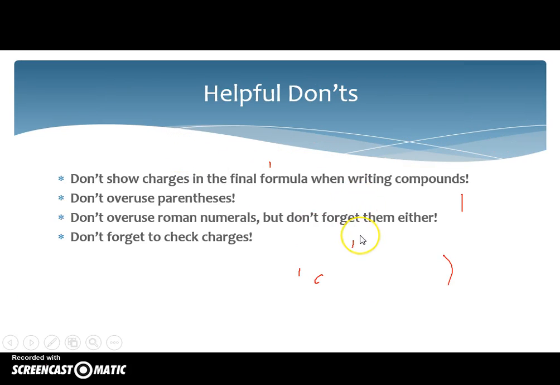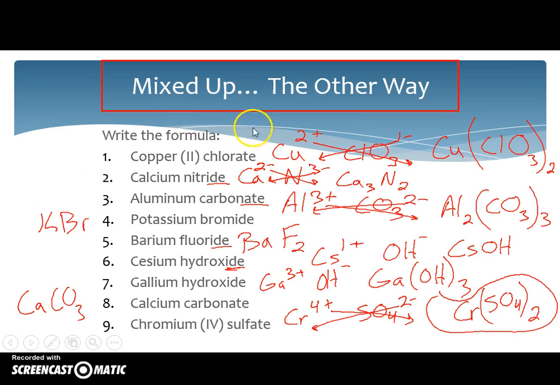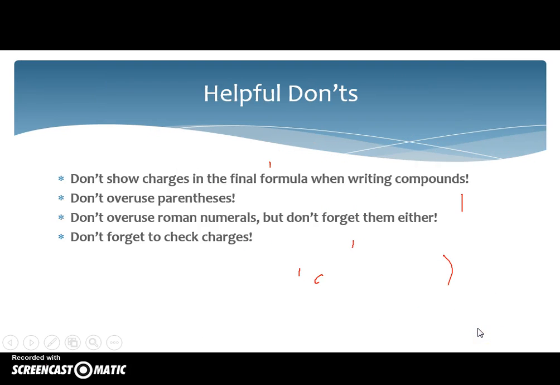But also don't forget them either. You have to show that, hey, this is chromium 4 and not chromium 2 or something like that. Be careful there. And don't forget to check charges, so make sure they balance. Crisscross does that for you. And as a part of that, don't forget to reduce. Just some things to watch out for as you go through these.